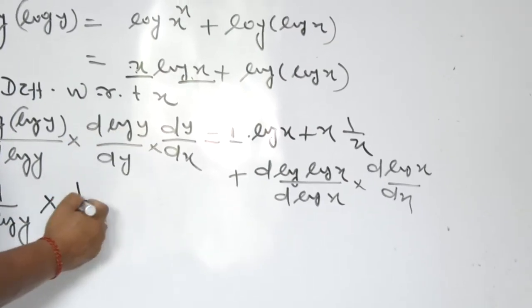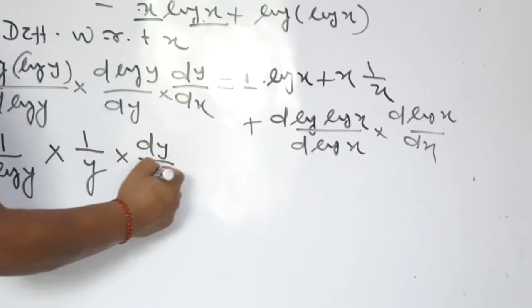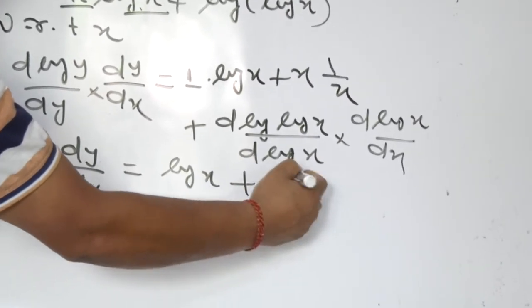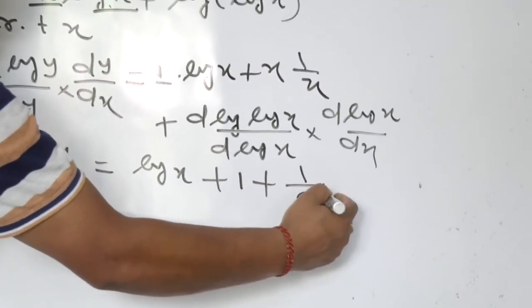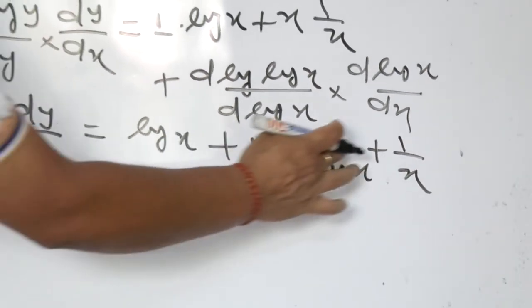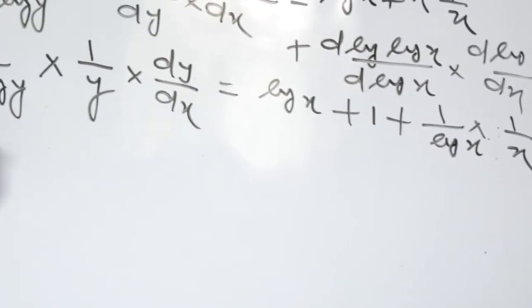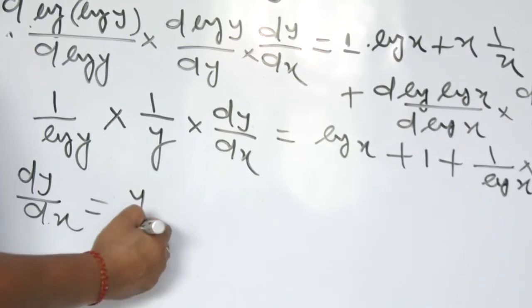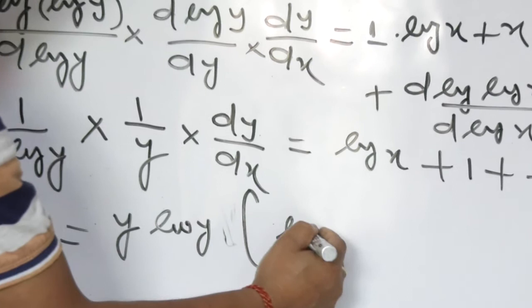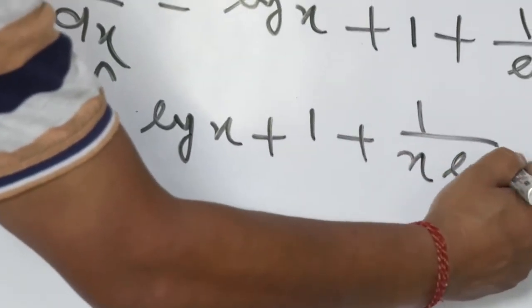Again derivative of log y with respect to y is 1 by y into dy by dx, which is equal to log x plus 1 plus 1 by log x into 1 by x. Then dy by dx equals y into log y times log x plus 1 plus 1 by x log x.